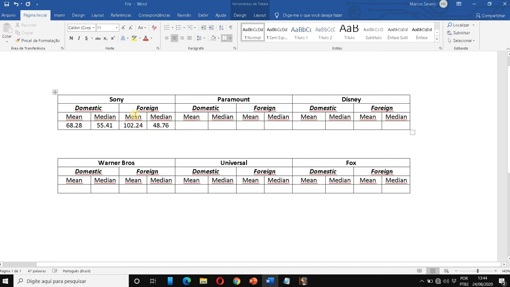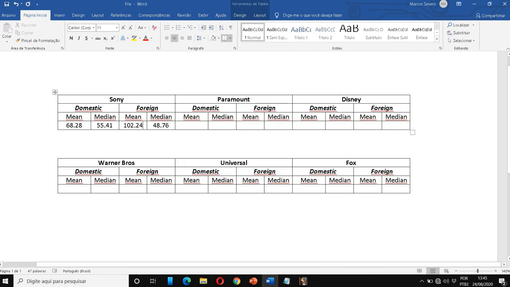And in both cases, the mean is higher than the median value. I'm not going to discuss the differences between the mean and median right now. They are two central values of the distribution, and this is basic descriptive statistics. And I'm going to compare with the other studios to answer my data challenge research questions.